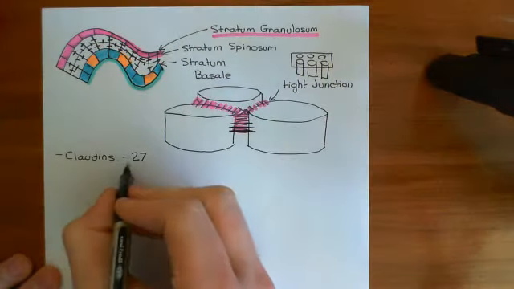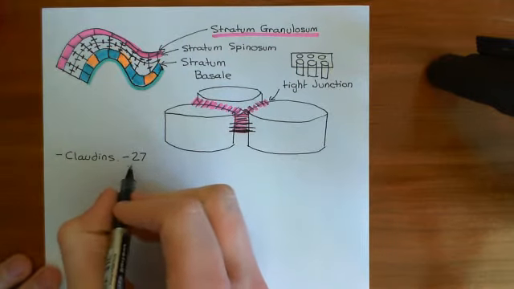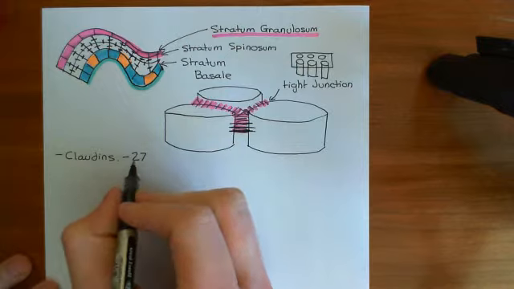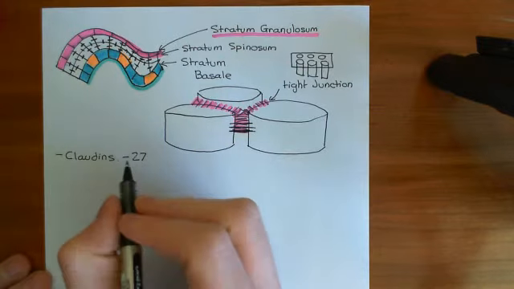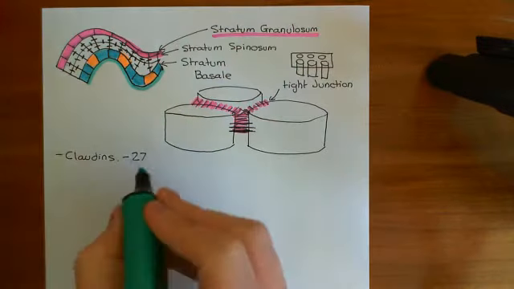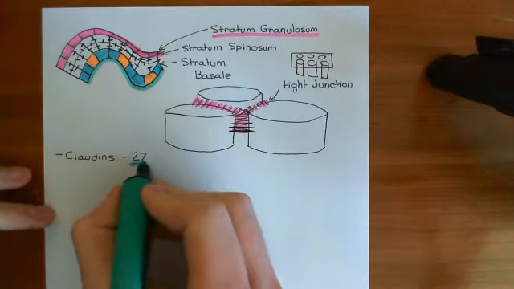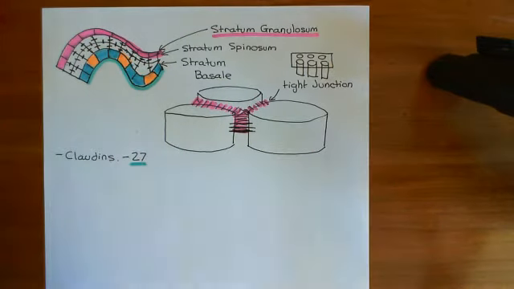Sorry, let me correct that: there are 27 genes for claudin proteins found in humans. Some of these genes have multiple splice variants. It's rare, but some of them do. I believe claudin 10 and claudin 18 have multiple splice variants.